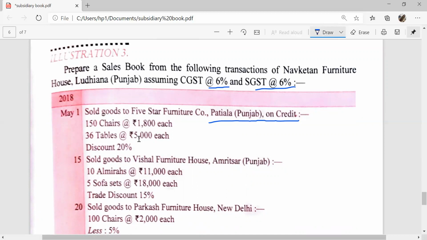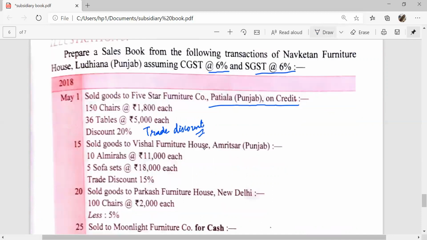It is a trade discount. Cash discount is allowed only if the goods are sold on cash basis.